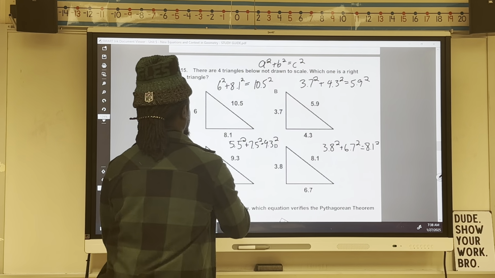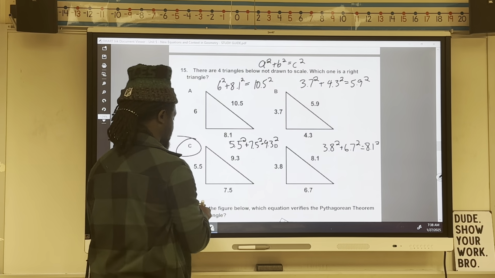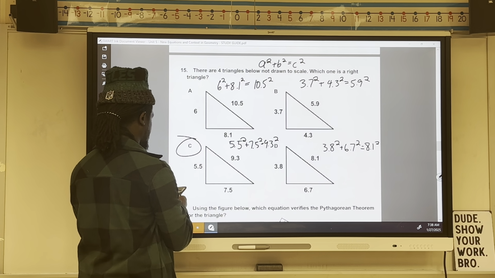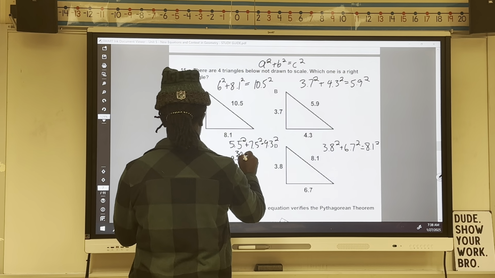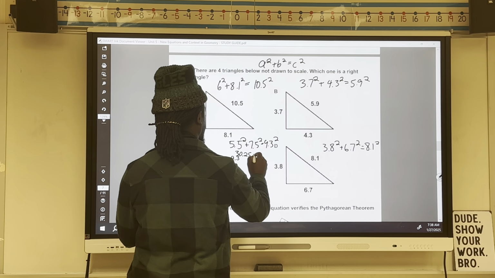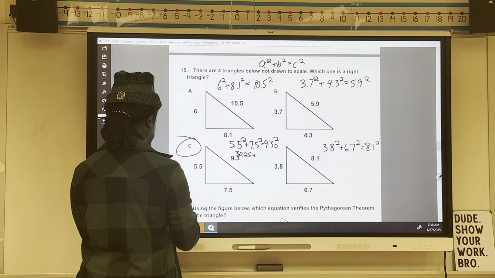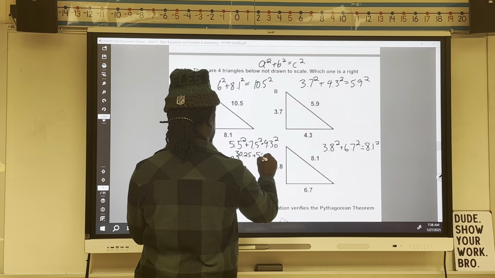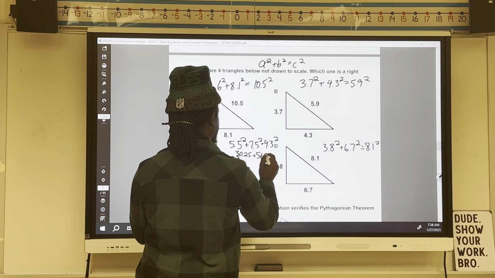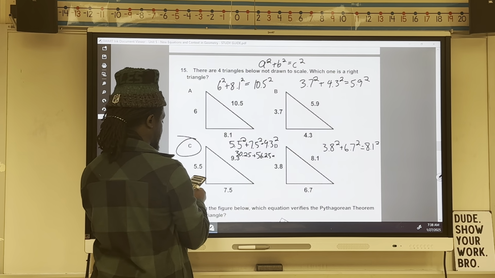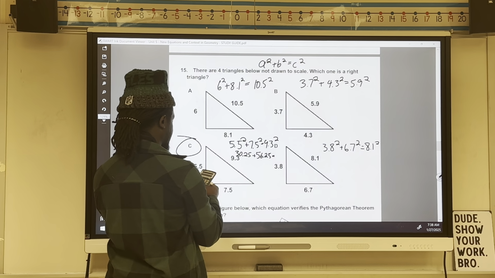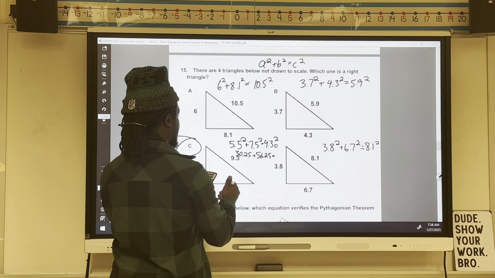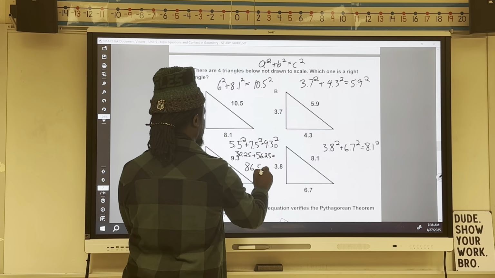But here, when I go to C, that is the correct answer. 5.5 squared gives me 30.25. And then 7.5 squared gives me 56.25. Now I can do one of two things. I can do 30.25 plus 56.25, and when I do that, I get 86.5.